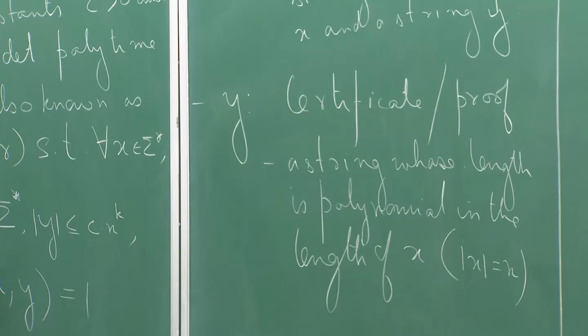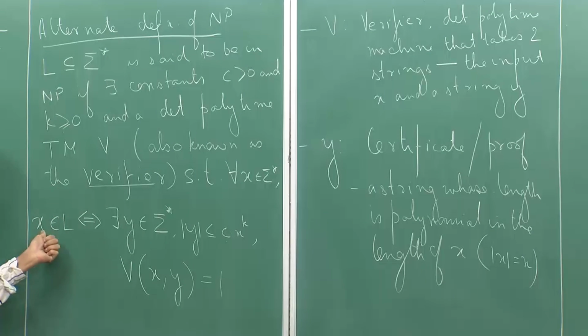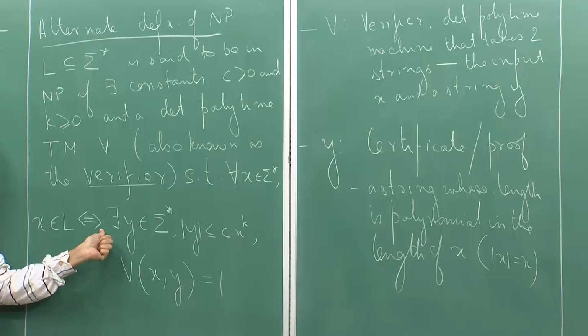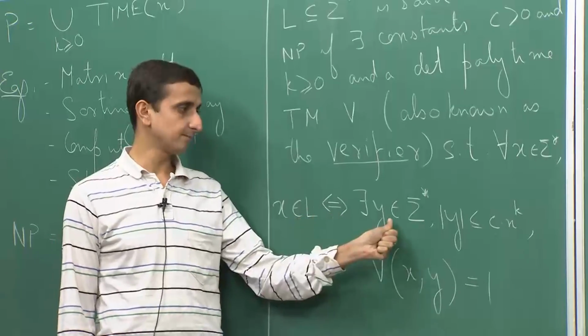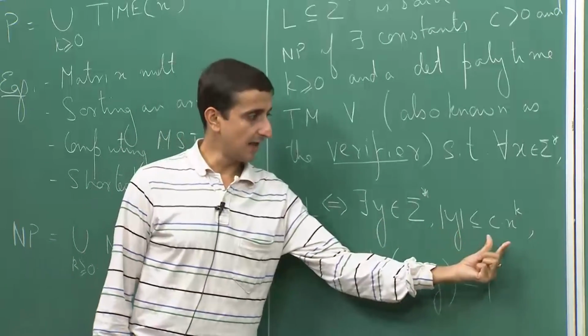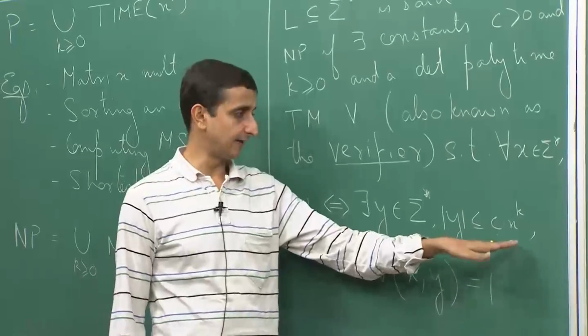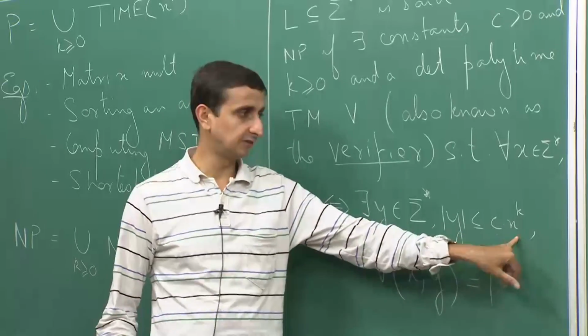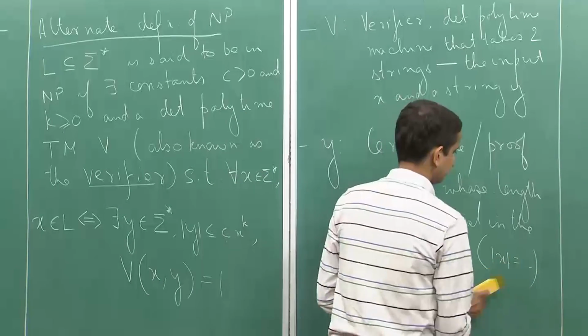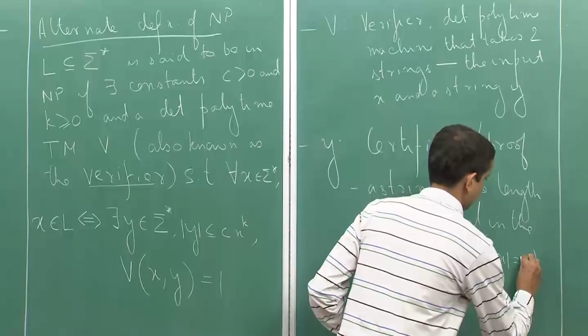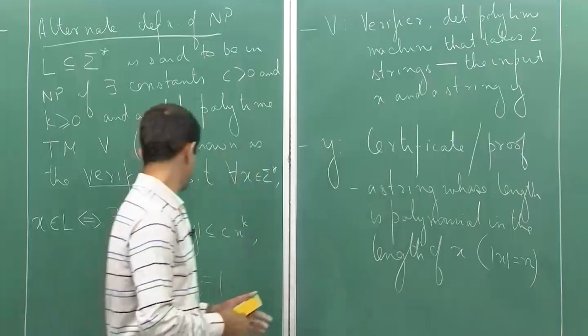Okay. So, what essentially we are saying is that x belongs to the language if there exists some y. Okay. So, there is some certificate y whose length is at most polynomial in the length of x. So, n is nothing but the length of x, that is what I have written here. Okay.